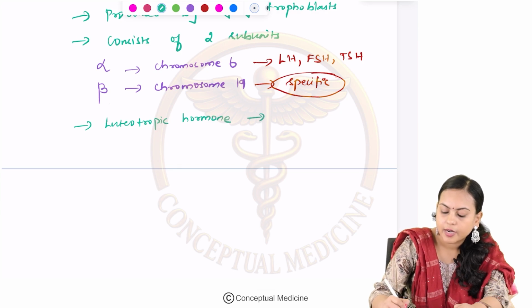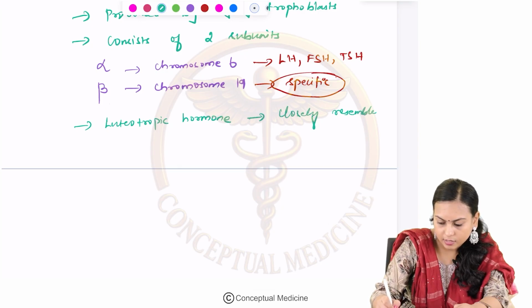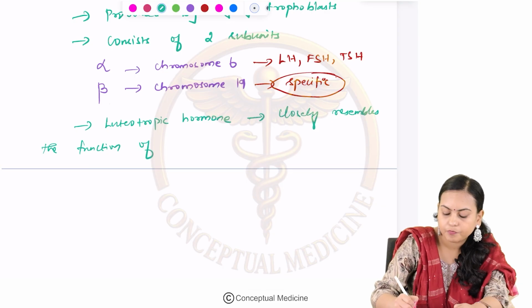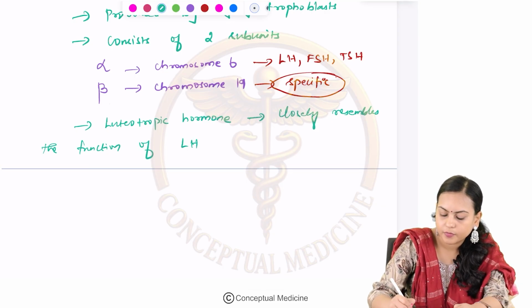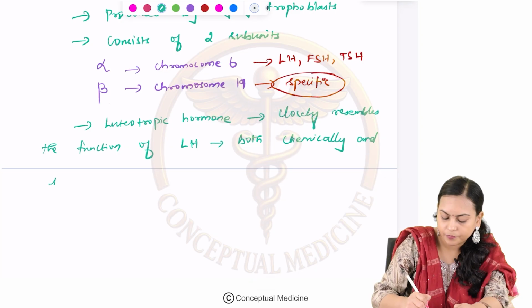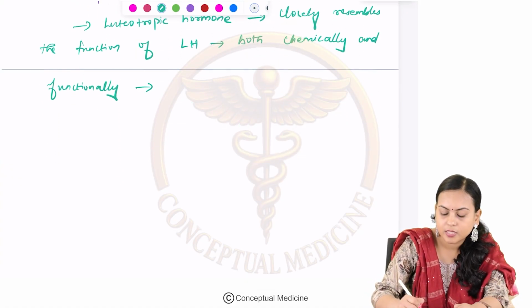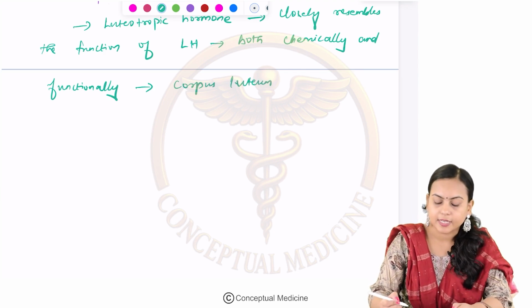It is also considered a luteotropic hormone because it closely resembles the function of luteinizing hormone both chemically and functionally, so that it maintains the corpus luteum till the placenta takes over.